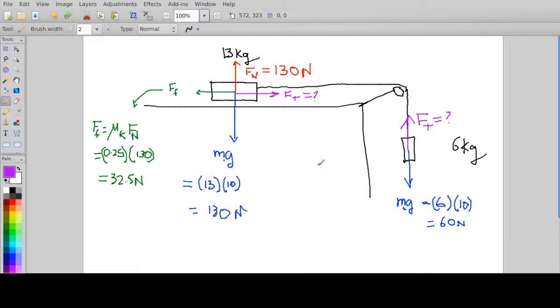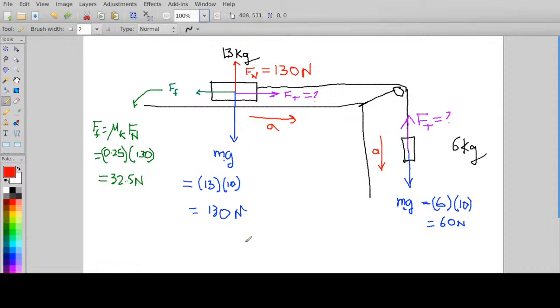You might ask yourself, which one's going to win? Which way is the system going to accelerate? I'll draw the acceleration in red. This one is moving down, so the acceleration is this way, and the 13 kilogram is accelerating that way. So it's FT that has to beat FF.